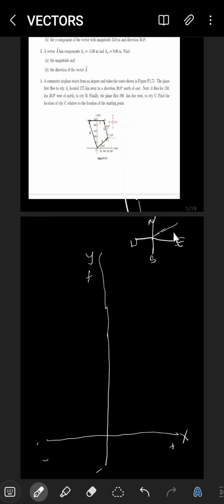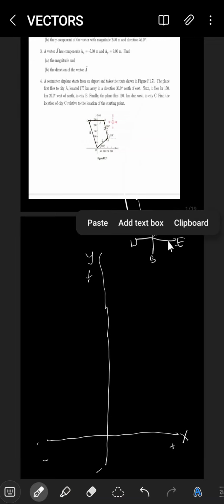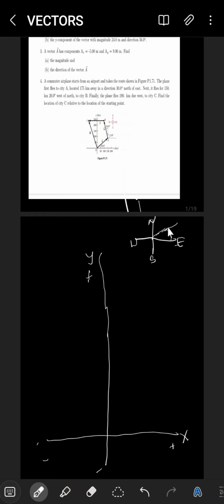East is here, north of it is going up, so you're moving your angle up from east till it makes 30 degrees. That is the 175 kilometers. So on the XY plane you have 30 degrees, 175 kilometers.